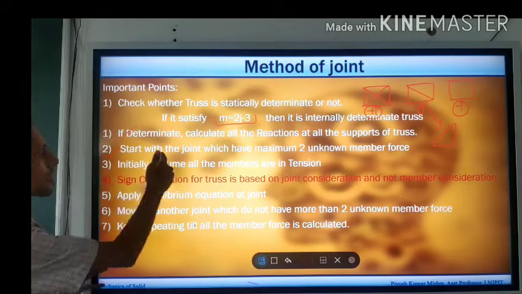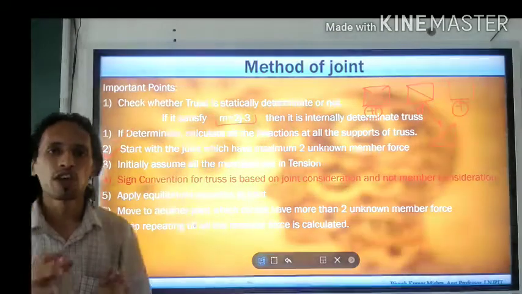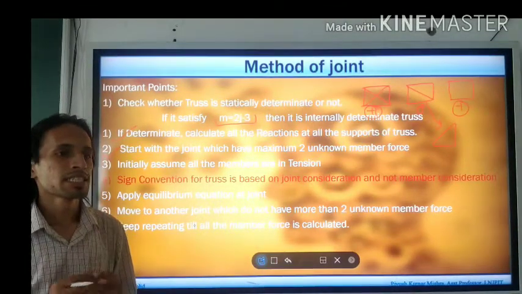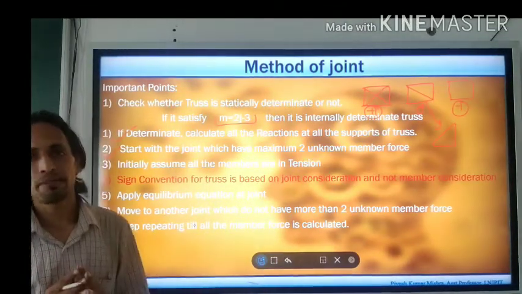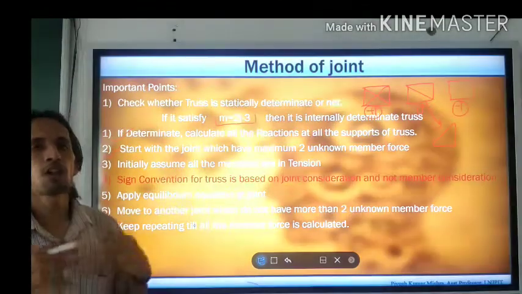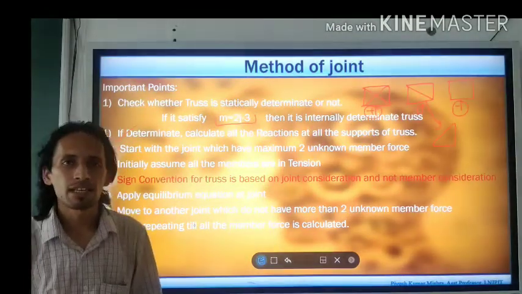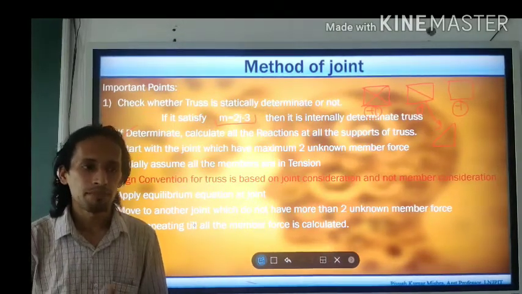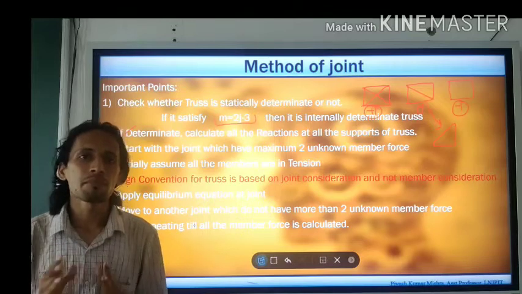After selecting your joint, you should initially give some direction to the members. Initially you can assume that all the members at a joint are in tension, or all the members at a joint are in compression.